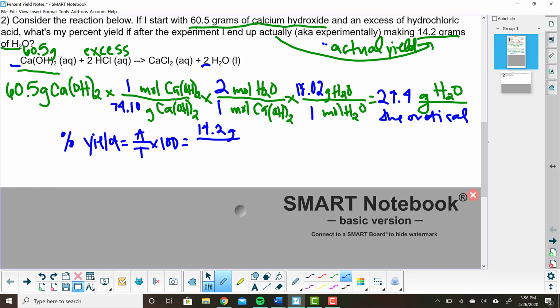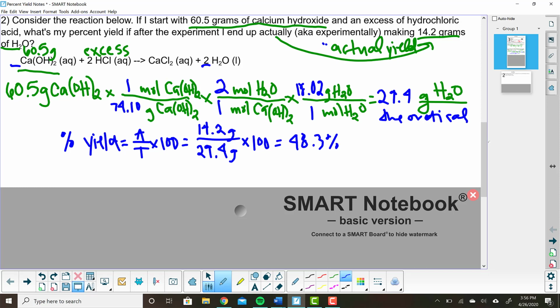The theoretical yield is what we just calculated, 29.4 grams of water. So if you divide that out and then multiply by 100, you get 48.3%, which is a little bit low.